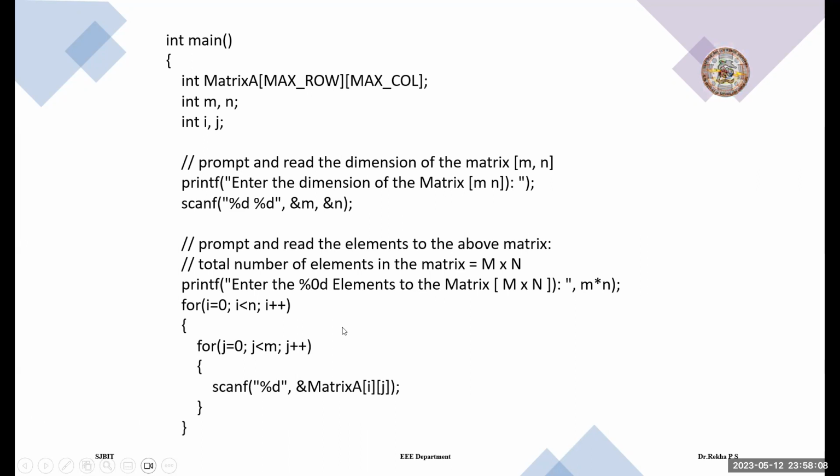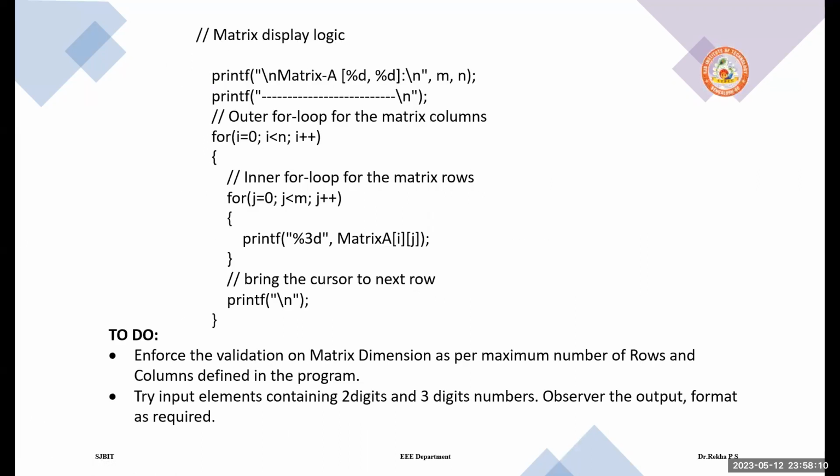After this, it will display. So printf "\n matrix A %t, %t, \n". It will print the matrix m value as well as n value, in this row it will be printed. Then the outer for loop is for the matrix columns and the inner one is for the matrix rows.